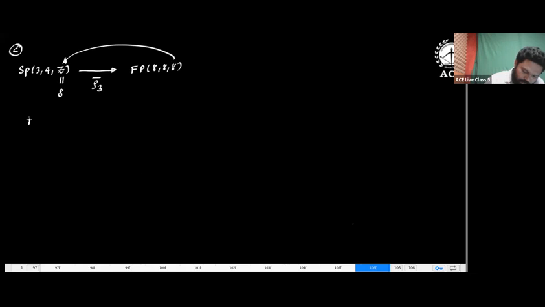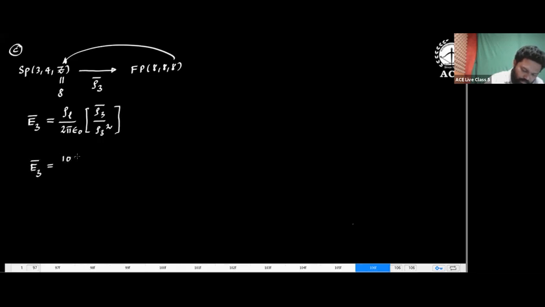So what is this E3? E3 is equal to rho L by 2 pi epsilon naught, rho 3 vector by its magnitude square.